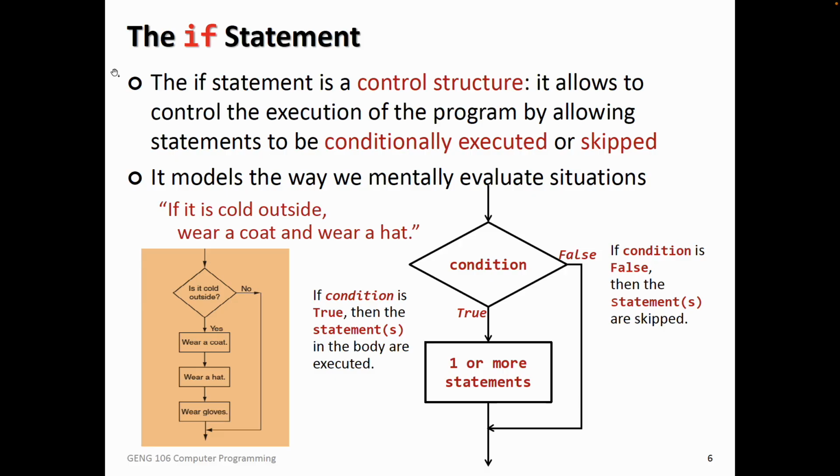I will use this diamond sign to represent a conditional structure. If it is cold outside, if it is true, then we wear a coat. Otherwise, you don't need to do these things, and then you can just go outside. So this is just a representation of our algorithm.